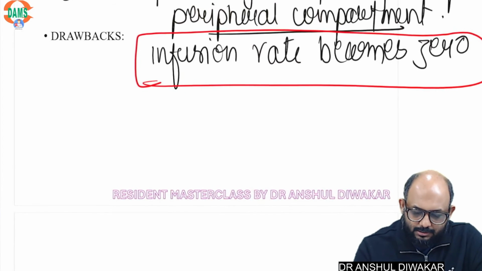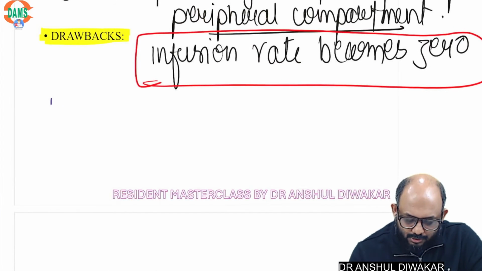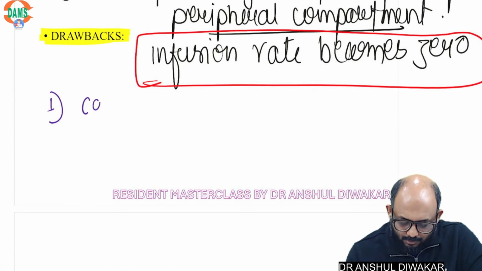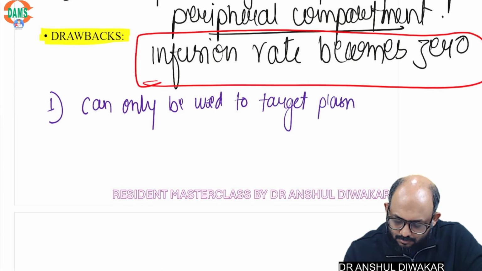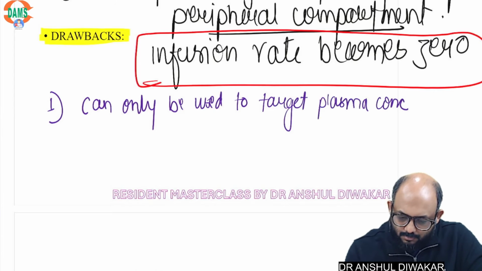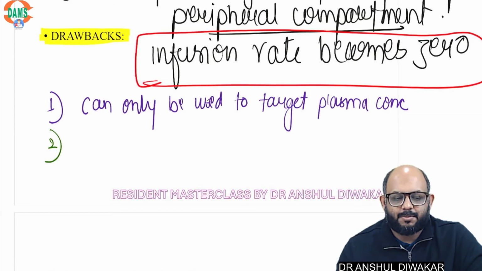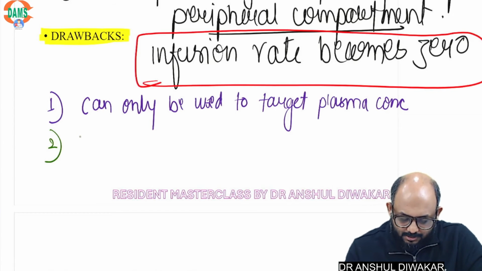What were the drawbacks because of which we stopped using it immediately? First, it can only be used to target plasma concentration. You can't use it for effect site. And it is only applicable in the absence of drug previously administered.